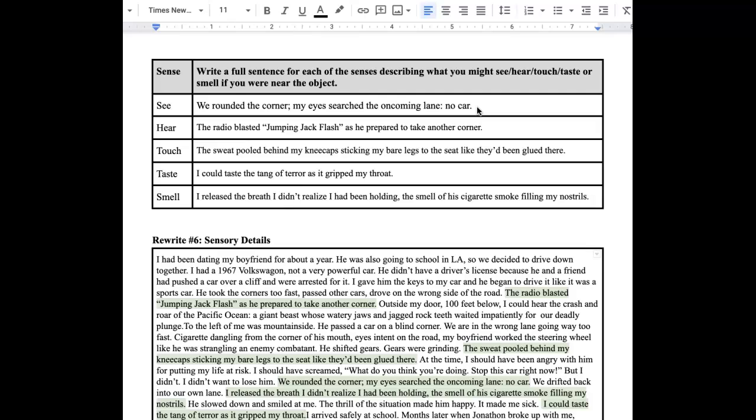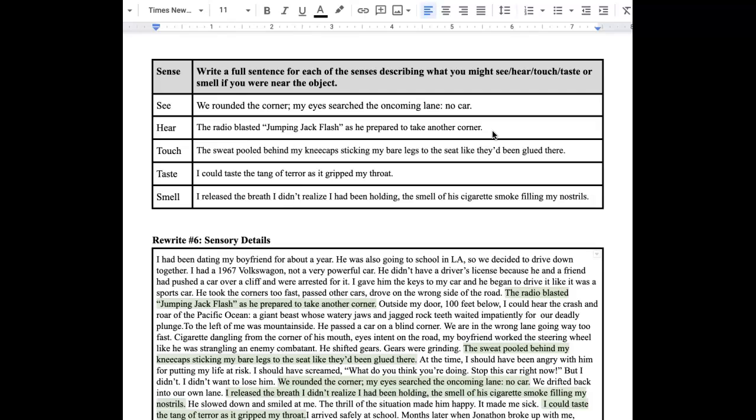So instead of saying, I looked for an oncoming car: we rounded the corner, my eyes searched the oncoming lane, no car. That's my sense of sight. Then here, the radio blasted Jumping Jack Flash as he prepared to take another corner. Touch: the sweat pooled behind my kneecap, sticking my bare legs to the seat like they'd been glued there.